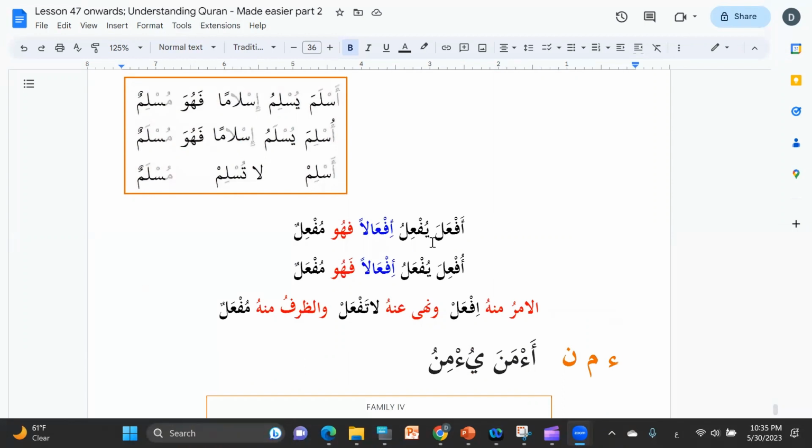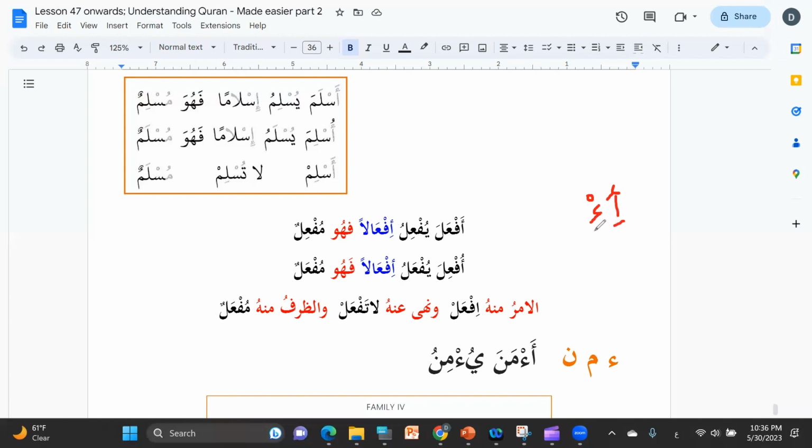Aslama yuslimu islaman wa huwa muslimun. So amana yu'minu. Over here in family 4, because the pattern for masdar is if'alan, we have hamza with a kasra from the pattern, and then for fa kalma, we have hamza.